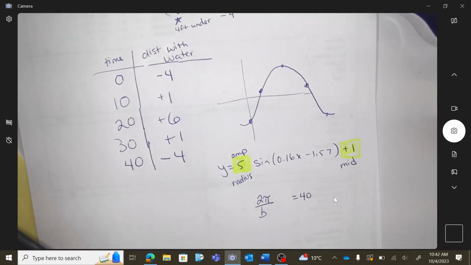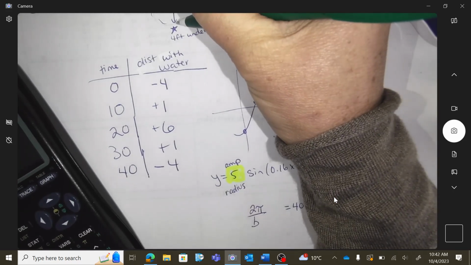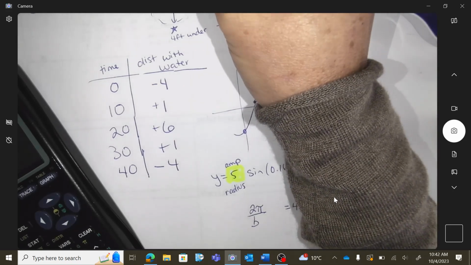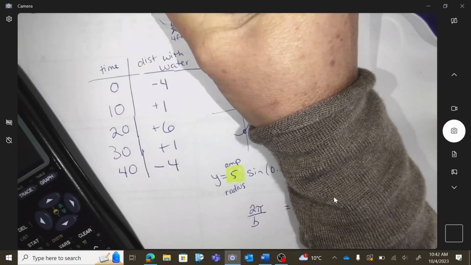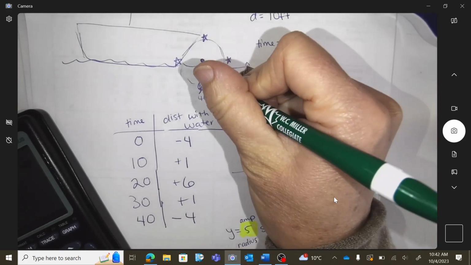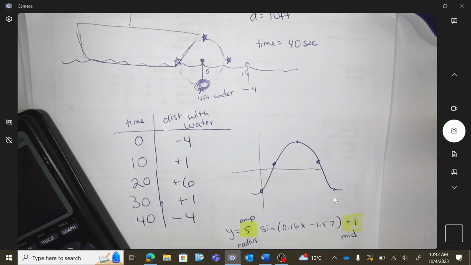Okay, here's my question. I put a sign, a sticker print, out on the wheel right at the bottom. How long is it visible to people above the water? That's my question for you.